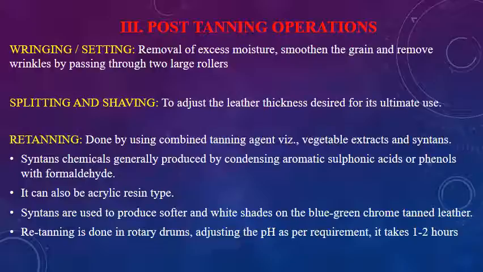So these syntans are chemicals generally produced by condensing aromatic sulfonic acids or phenols with formaldehyde. It can also be acrylic resin type. Syntans are used to produce softer and white shades on the blue-green chrome tanned leather. So retanning is done again in the rotary drums by adjusting the pH as per requirement, and it takes 1 to 2 hours.